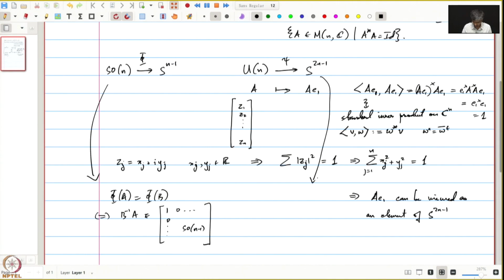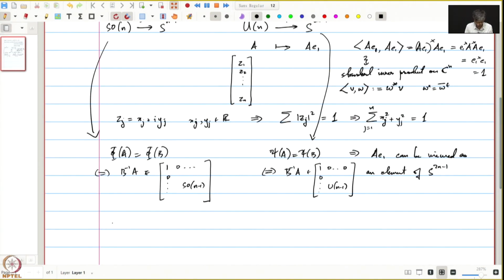So here we will have to prove that psi of A is equal to psi of B if and only if B inverse A is in the block matrix with 1, 0, 0, U(n-1). And then the base case for the induction will be U(1), which you can easily check is homeomorphic to S^1, which is connected.